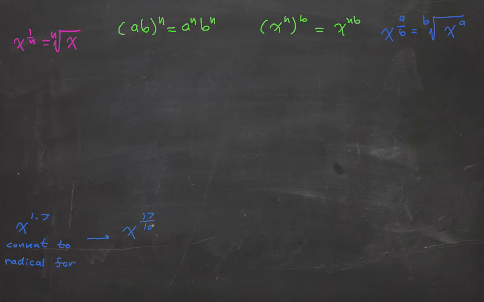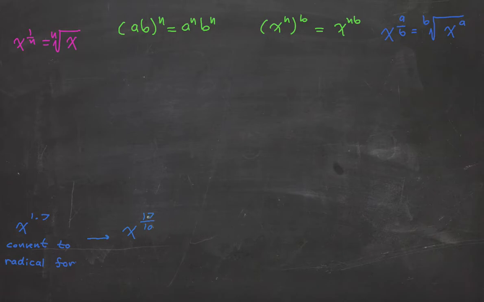In this case, it doesn't look like there is a simpler fraction. 17's prime, so I know that's not going to simplify. So if you can, you want to make sure to simplify this, because it's pretty hard to simplify it once it's a radical, whereas when you've got it in this form, it's pretty easy to see how to do that.